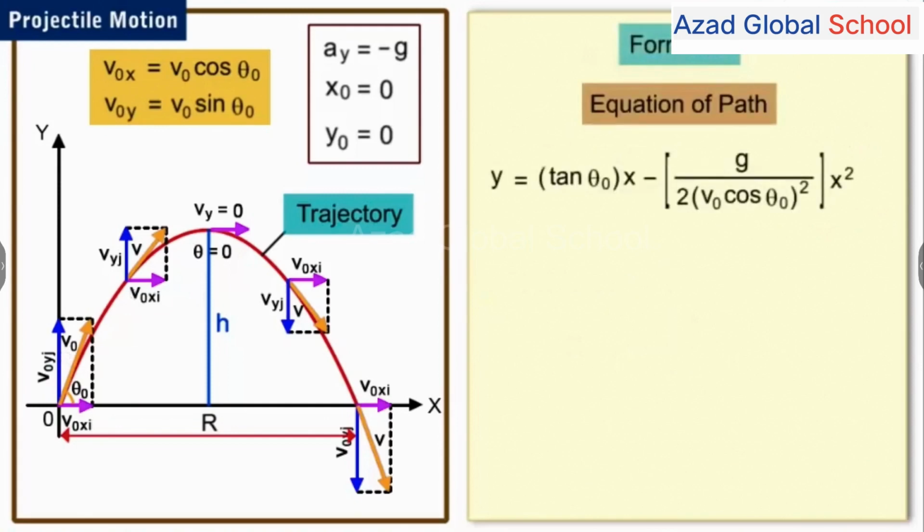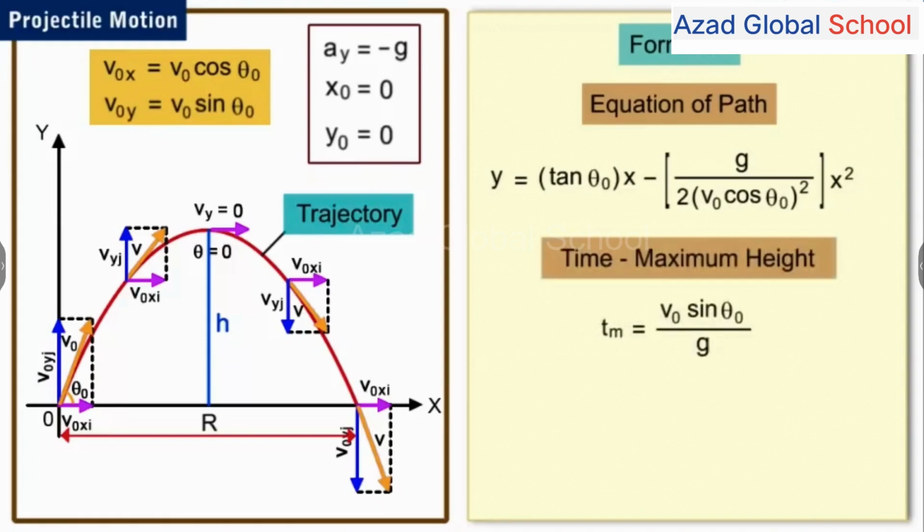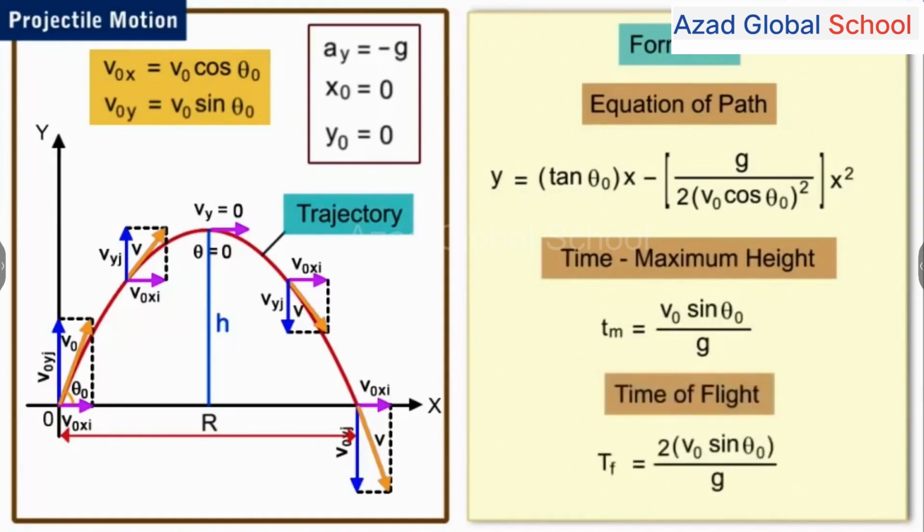The equation for the path of the projectile: y is equal to tan θ0 into x minus g divided by 2 into (v0 cos θ0) square into x square. Time taken for the projectile to attain maximum height Tm is equal to v0 sin θ0 by g. The time of flight of the projectile Tf is equal to 2v0 sin θ0 by g.